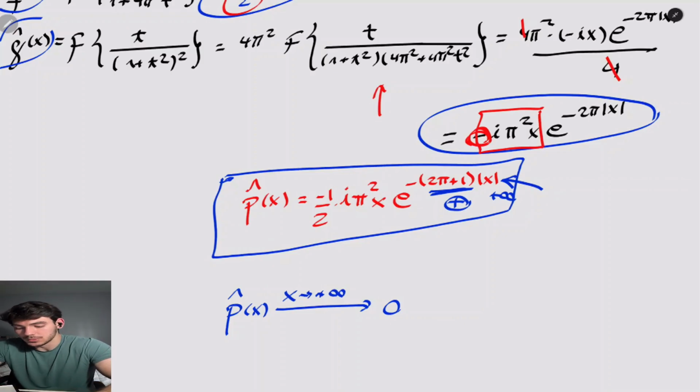It will go to 0, okay? Because the exponential decrease is way faster, way stronger than the polynomial increase, okay? So if we calculate the limit while x goes to plus infinity, we will reach 0.